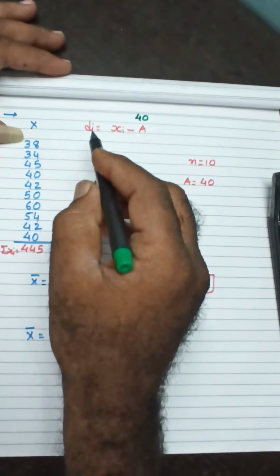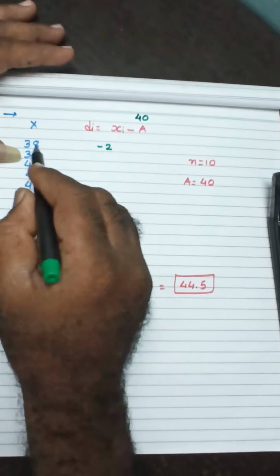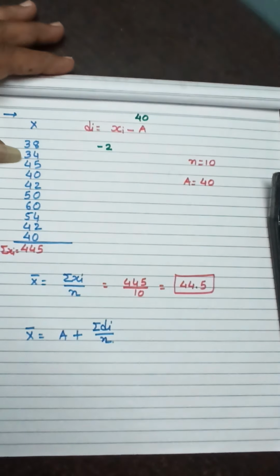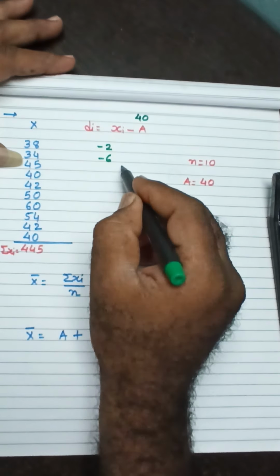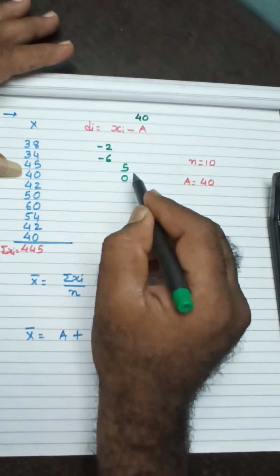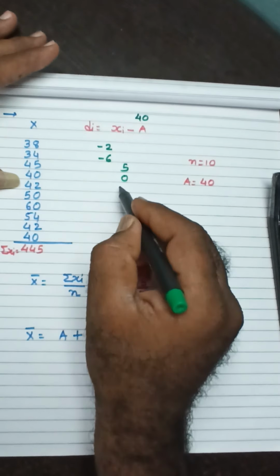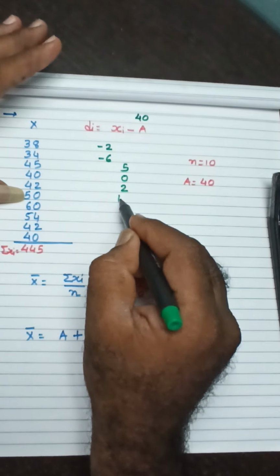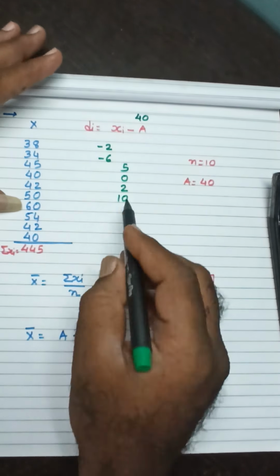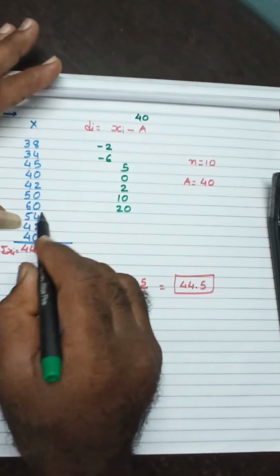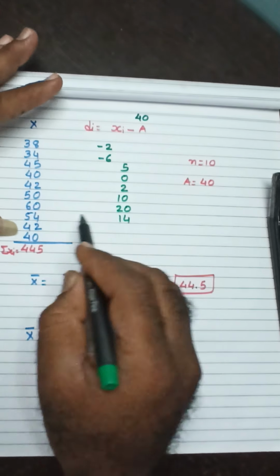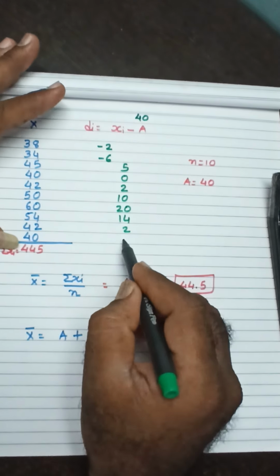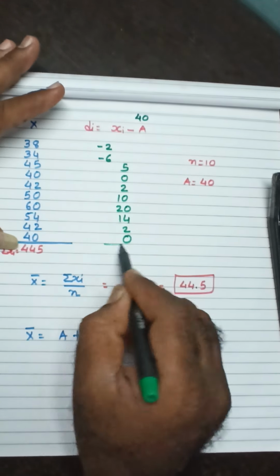38 minus 40, it will be minus 2. 34 minus 40, minus 6. 45 minus 40, then 5, 42 minus 40, 2, 50 minus 40, 10. From 60 it will be 20. 54 minus 40, 14, then 2, and 40 minus 40 is 0.